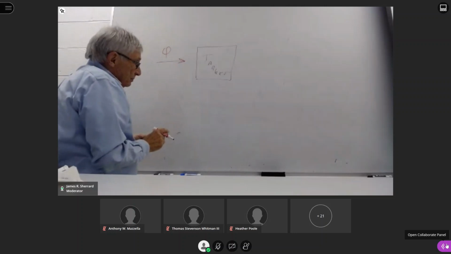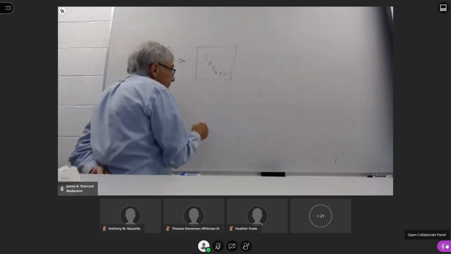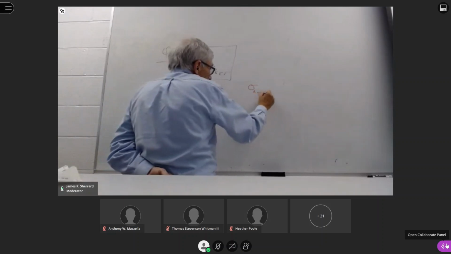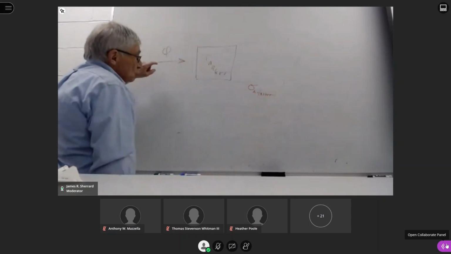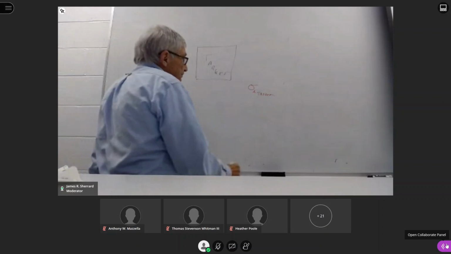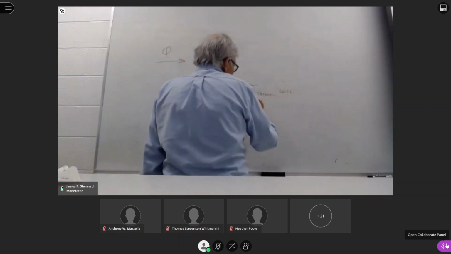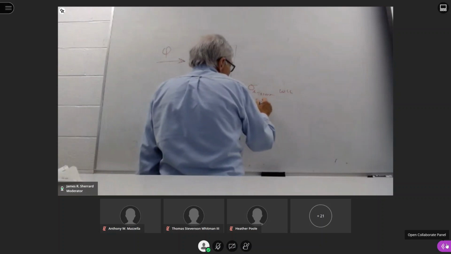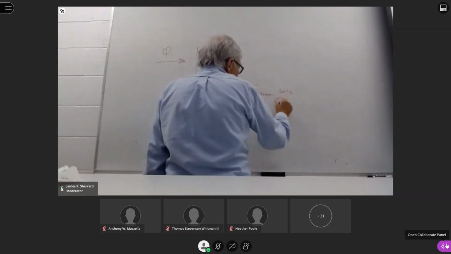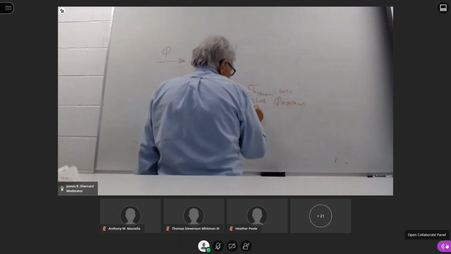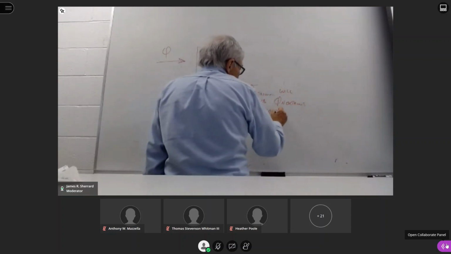We have a flux, and we know that sigma A for the target will absorb neutrons from the flux to create our isotope.